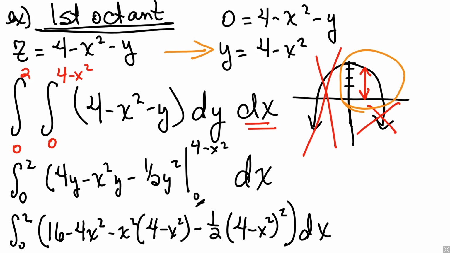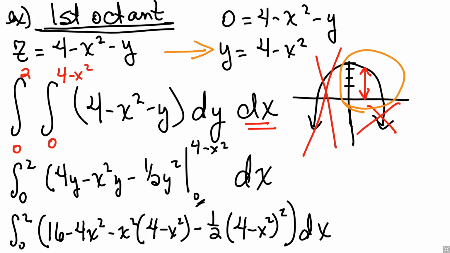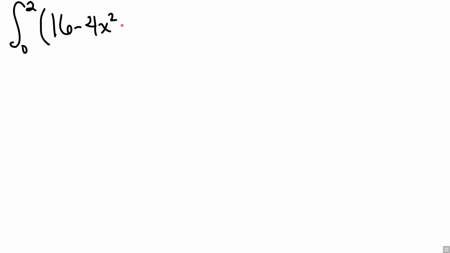Okay, so now it's just the fun part of cleaning this up before we integrate. I'm going to have the integral from 0 to 2. For the first part, I'm still going to have the 16 minus 4x squared. For the next piece, I'm going to multiply negative x squared through, so I'm going to end up with negative 4x squared plus x to the fourth.